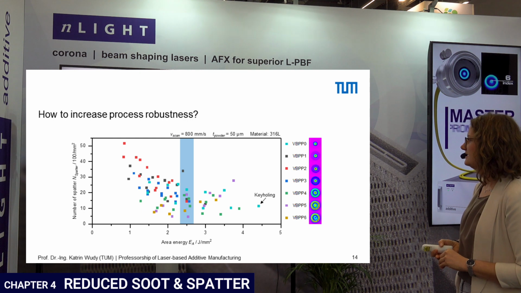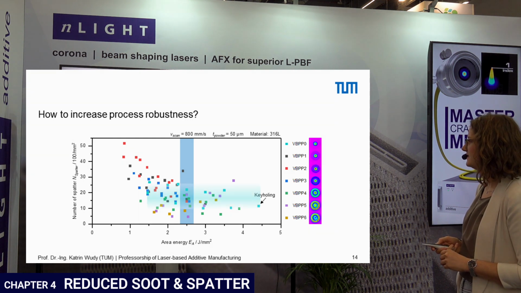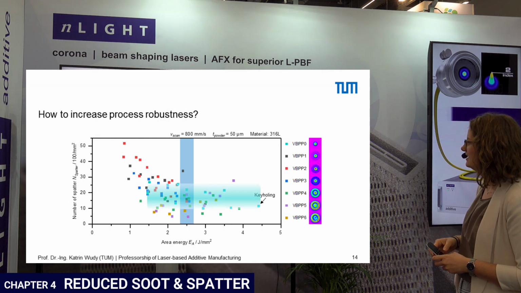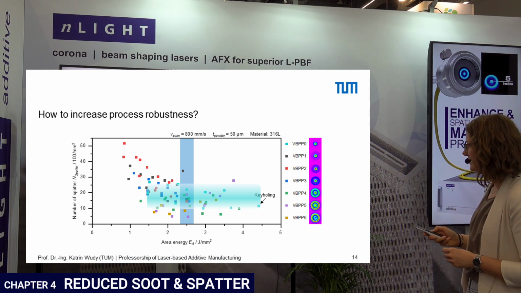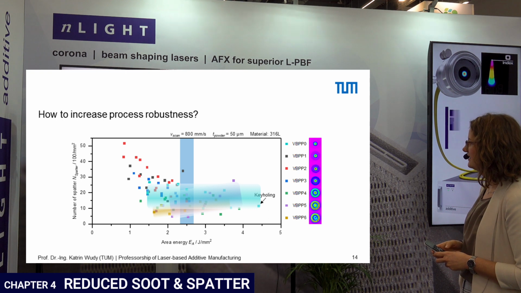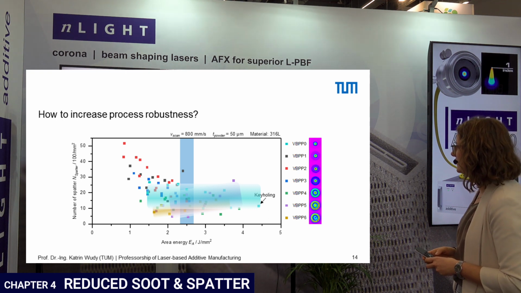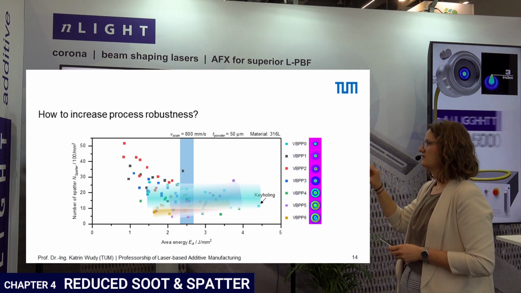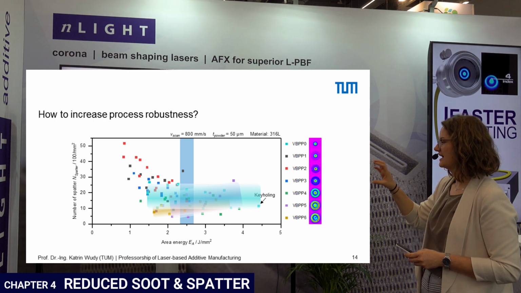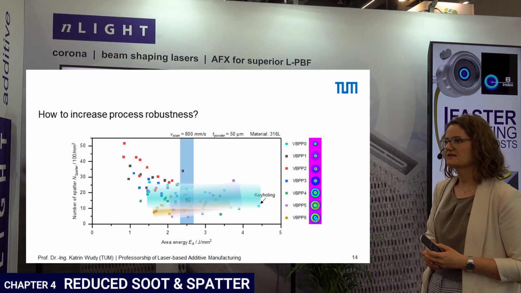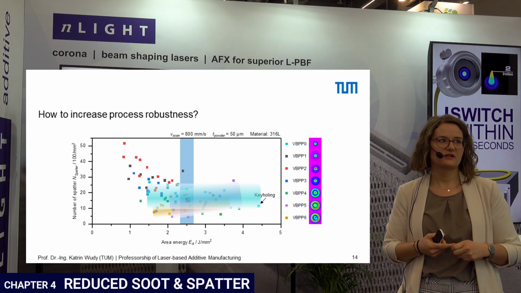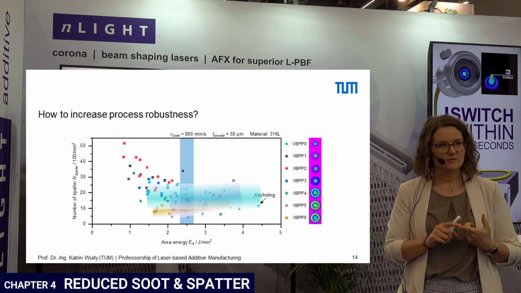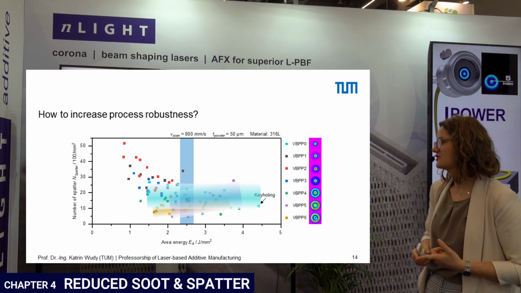And what you can see here is a slightly different diagram. Here we are in the area for the typical Gaussian beam profile. And if you compare these results with the other beam profiles, you see that there are areas where you have less spatter formation. And what is important for us, of course, the cross-section of the melt is increasing. That's the result I've shown before. And we have the formation of spatter.